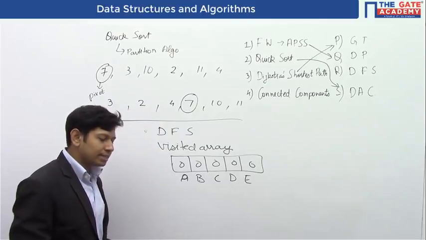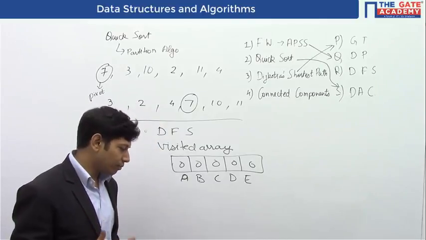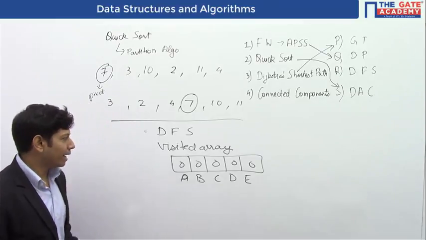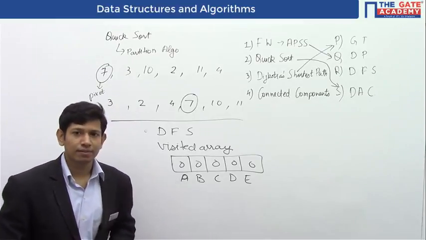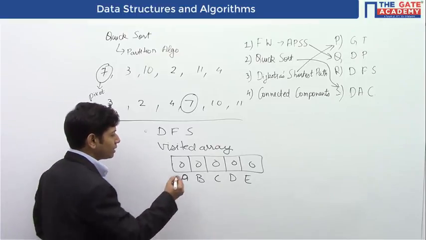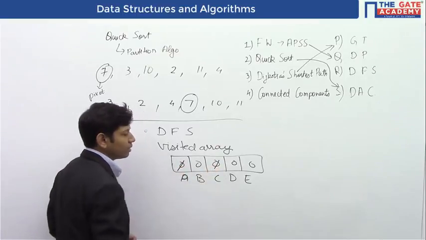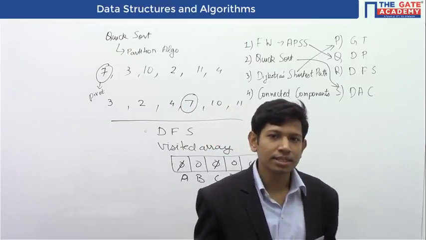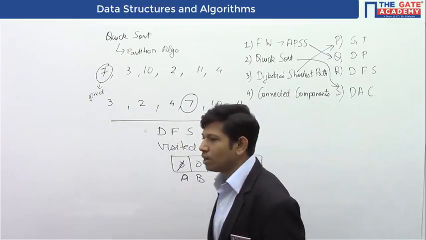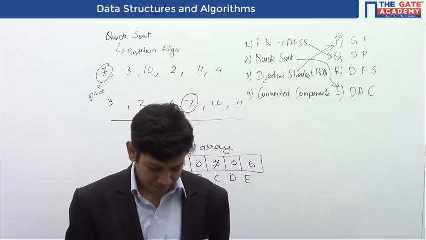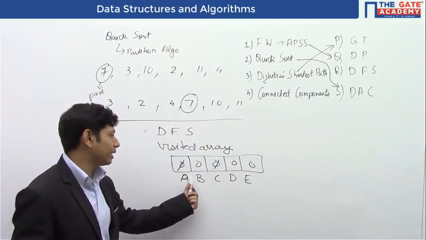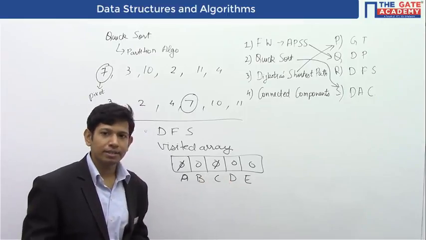Now we can start from any of the vertices. From whichever vertex we start, we might get some of the vertices covered. For example, A and C are covered. So we started from A and we could reach C. So we have got one connected component. Next we will check whether there are any remaining zeros.